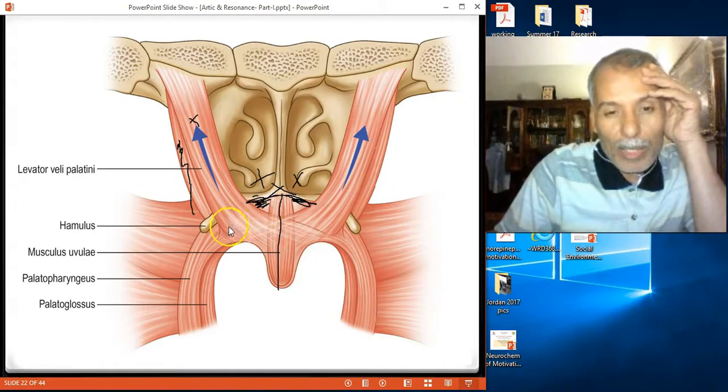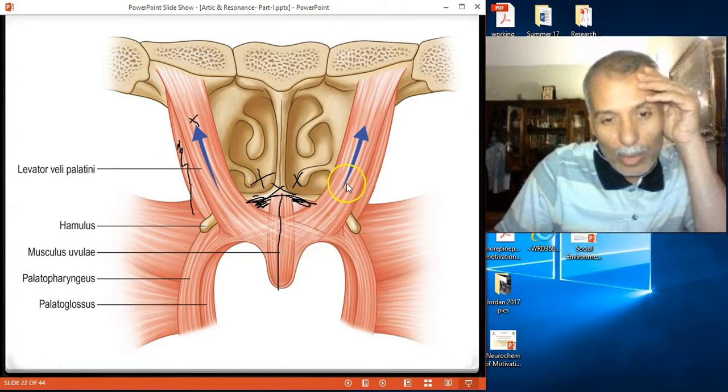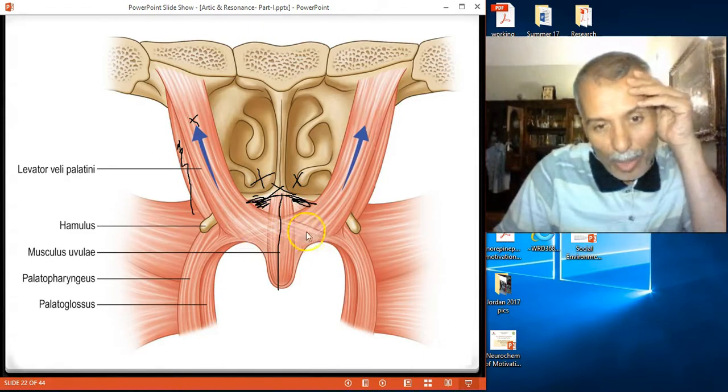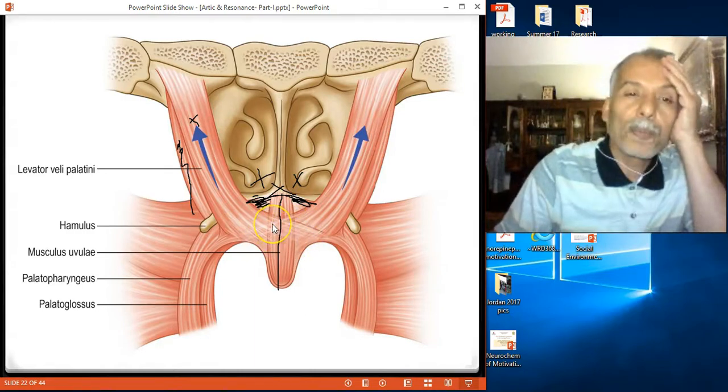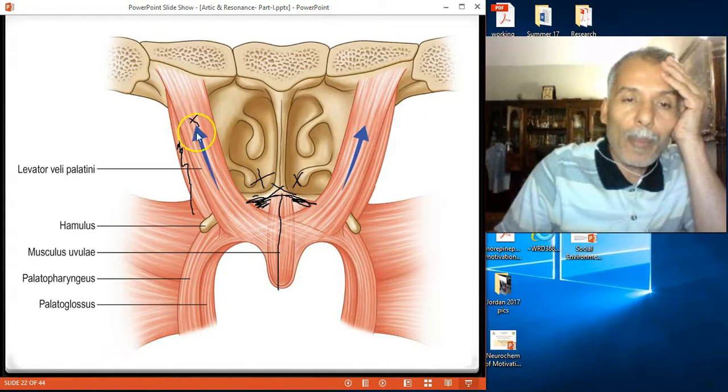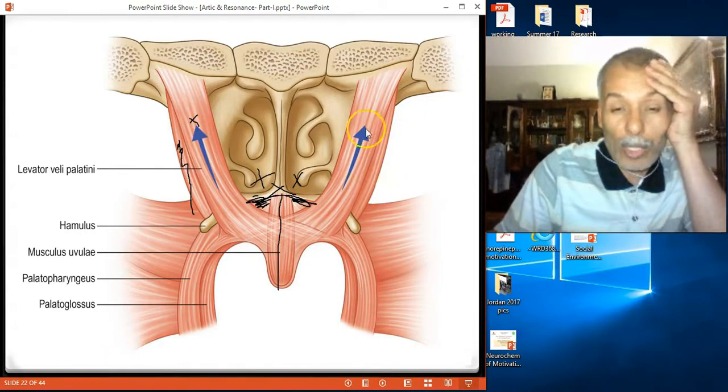And then the tissues, as you could see, go from one side and cross and intermesh with the other side. So you could see the arrows pointing up. That is pulling toward the origin of the muscle. So as they pull, they elevate the velum.